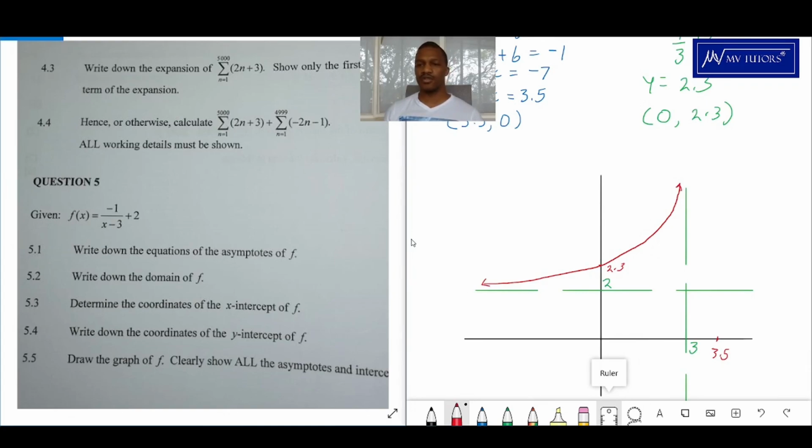Okay, and also this side as well, it does the same. It goes as if it's going to touch the asymptote, but it doesn't, all the way there. And ladies and gentlemen, this is our f of x graph. And that's it. That's how you draw it.